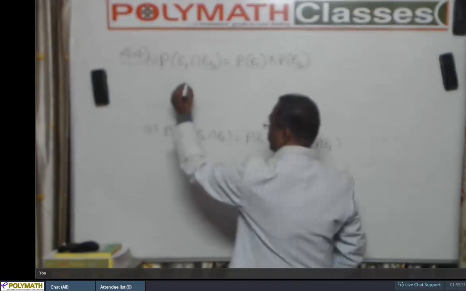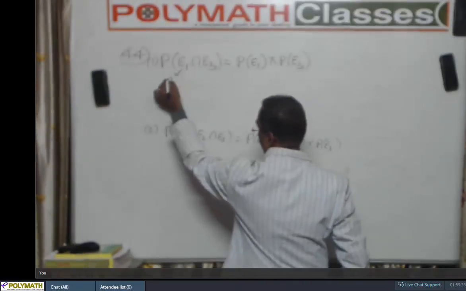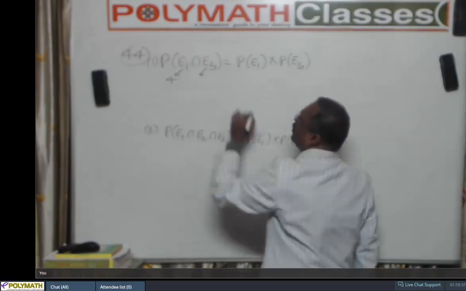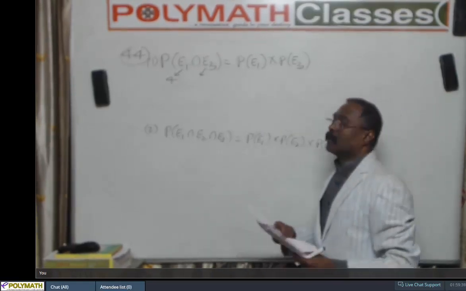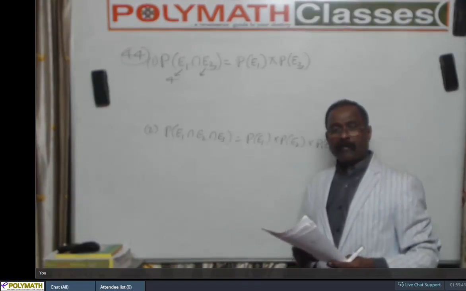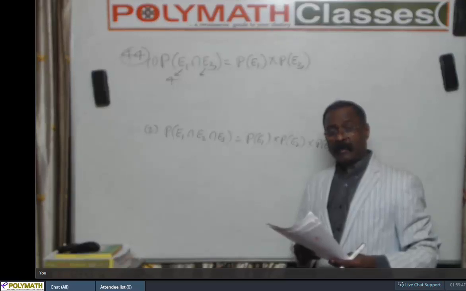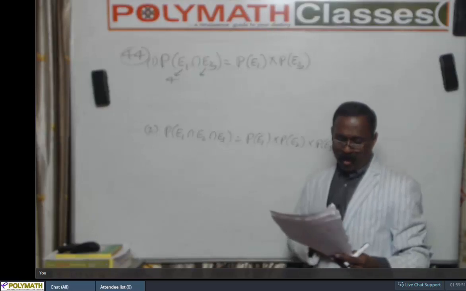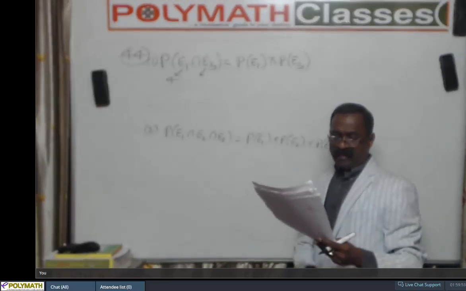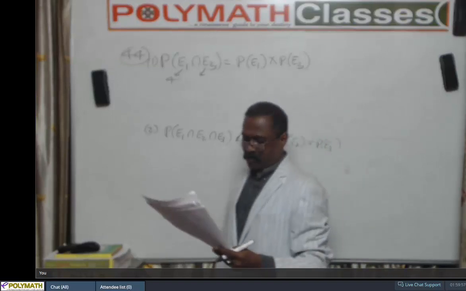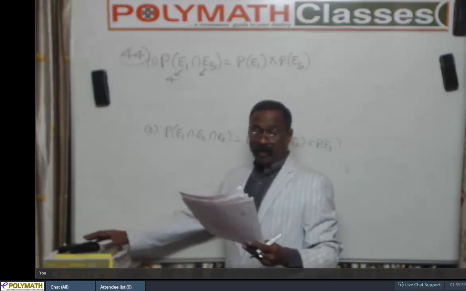E1 is getting 4, and for E3 you have to get the sum on the 2 dice to be odd. So how many such outcomes will you get for E1 and E3?